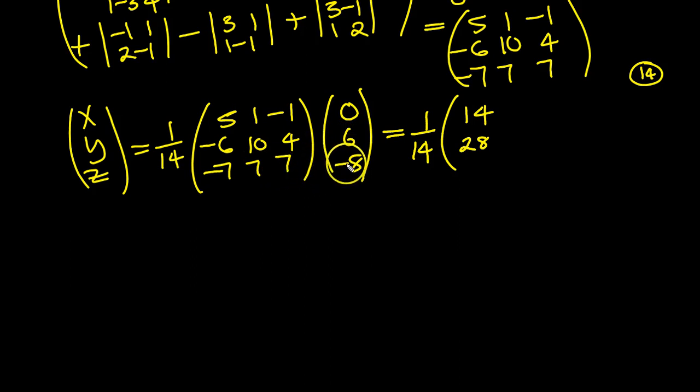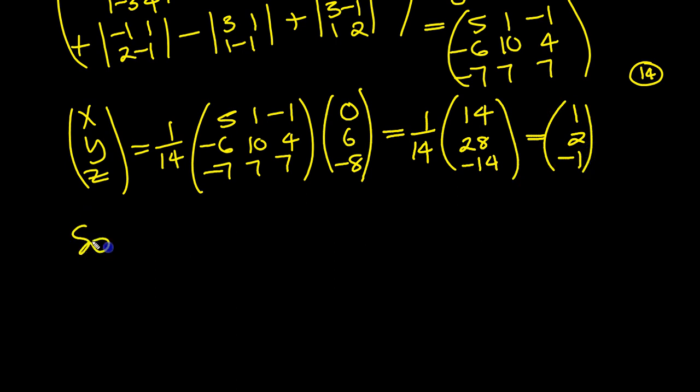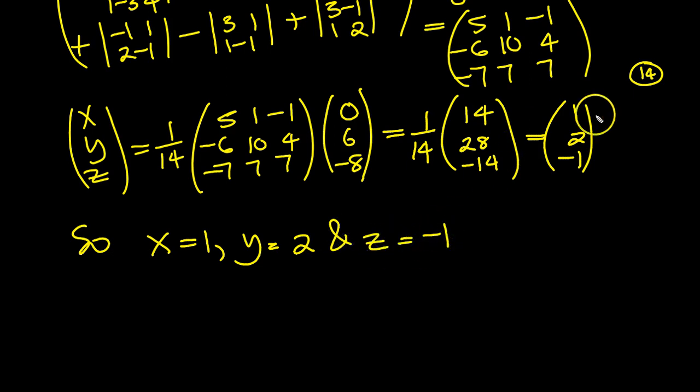And then 7 times minus 8 is minus 56. 42, take 56 is minus 14, if you need to type it in your calculator. That's fine. So we end up, divide by the 14, we're going to have 1, 2, and minus 1. So there's our answers then. So x equals 1, y equals 2, and z is equal to minus 1.